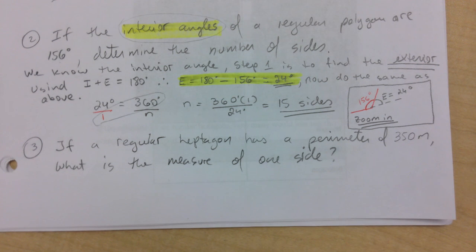What is the measure of one side? I don't do well with drawing polygons that have more than 6 sides, so I'm not going to try this one. I'm just going to do the math and hope you understand what happens here.